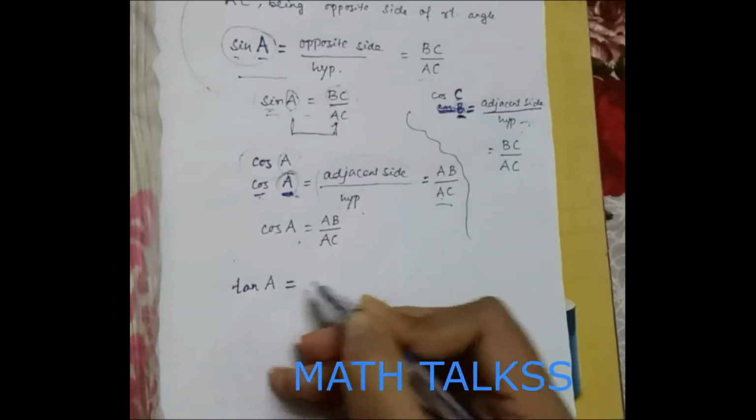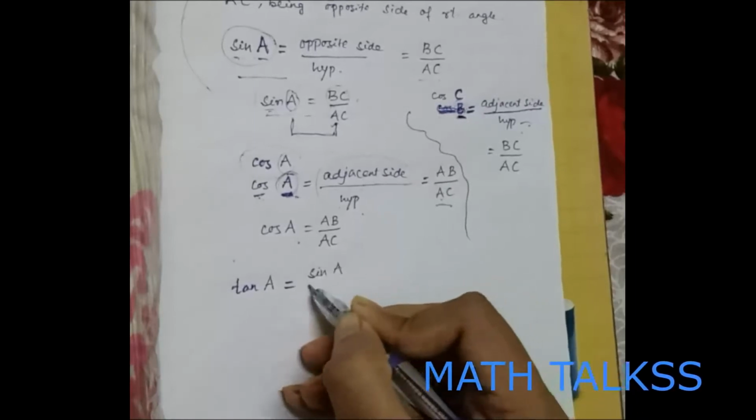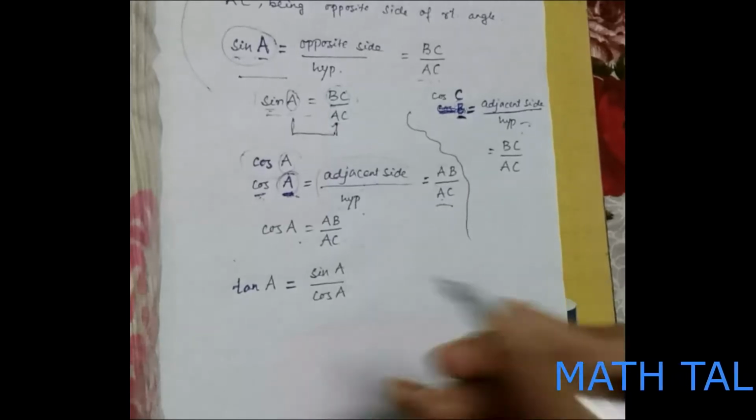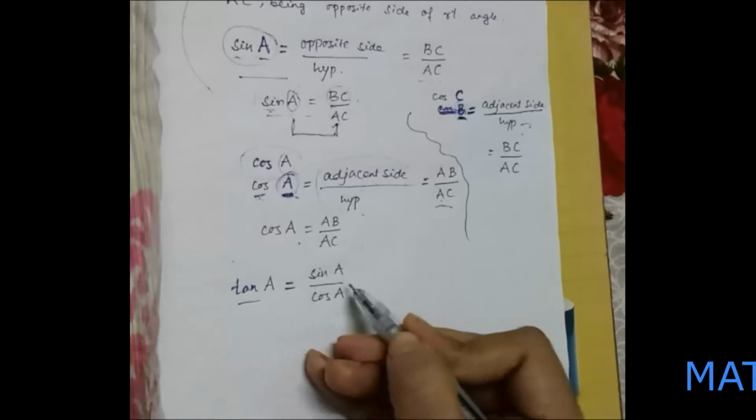Tan A is simply sine A, what you have got, and the cos A, what you have got. So tan A is the ratio of sine A and cos A. It's just a way to memorize.